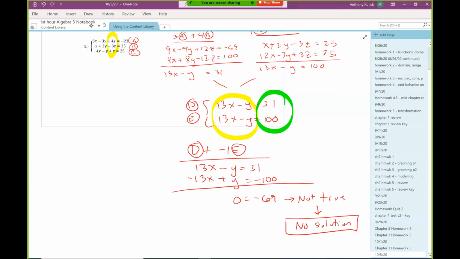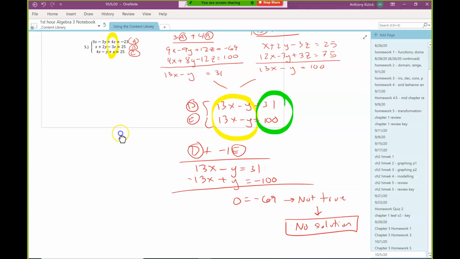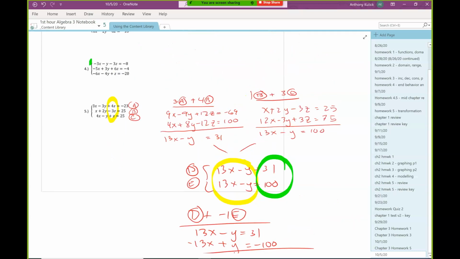Who else had one of these that they wanted to talk about? Yes, Megan. Does 4 come out to be a really big fraction? Well, I think I have a key written out for these. Let me look here. This is homework 5, right?